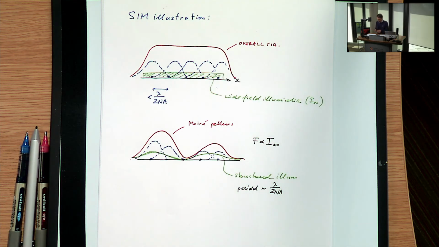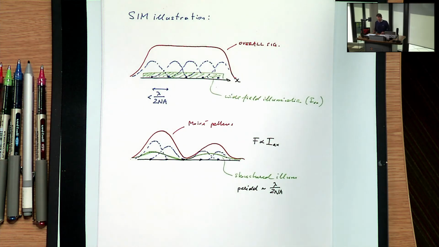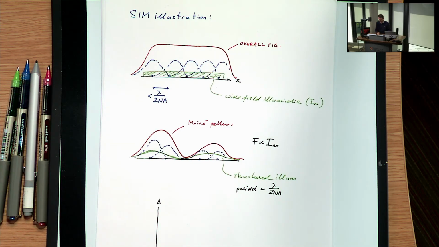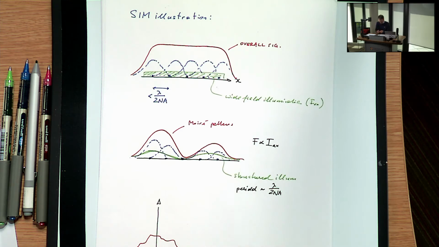Okay, well, so let's have a look. If I go back and look at a spectrum of a sample again, maybe the cell has a spectrum like this.